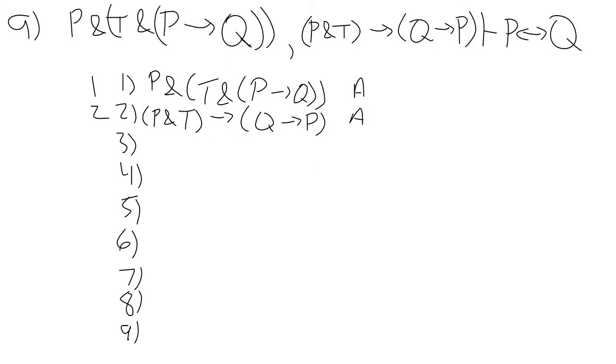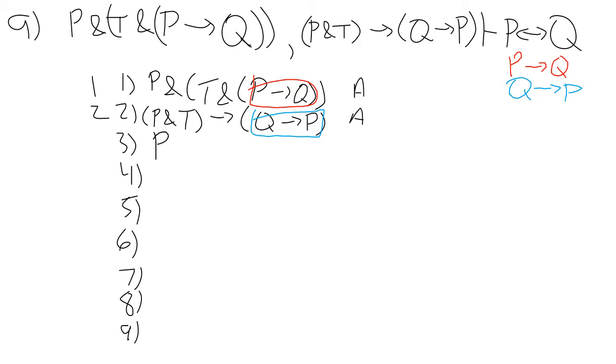Here on 9, we have another biconditional, so we're looking for P arrow Q, which we see here, and we're looking for Q arrow P, which we see here. So we're looking to prove both of those. We might be able to derive them from our premises, so let's just see what we can do with what we've got.